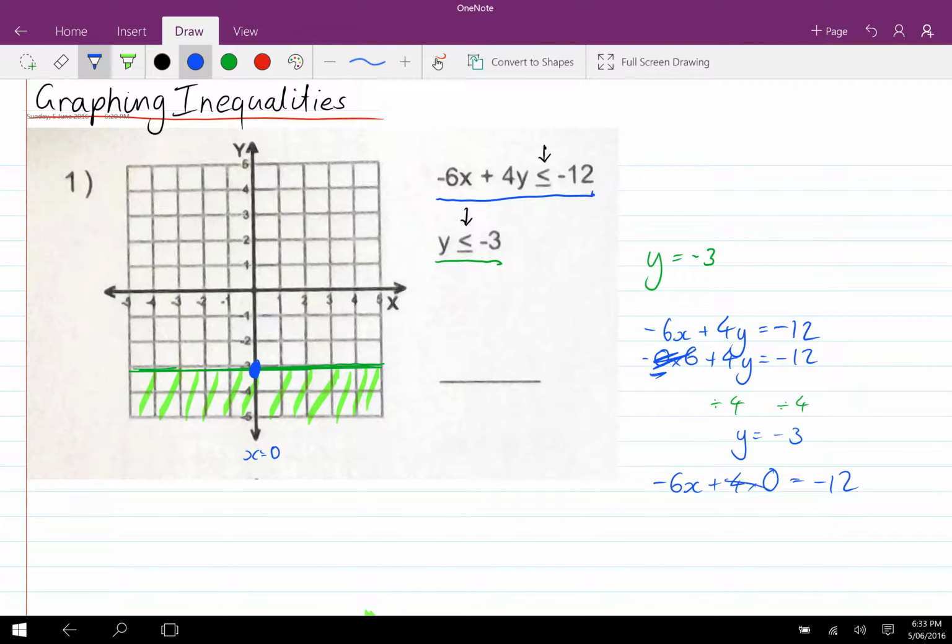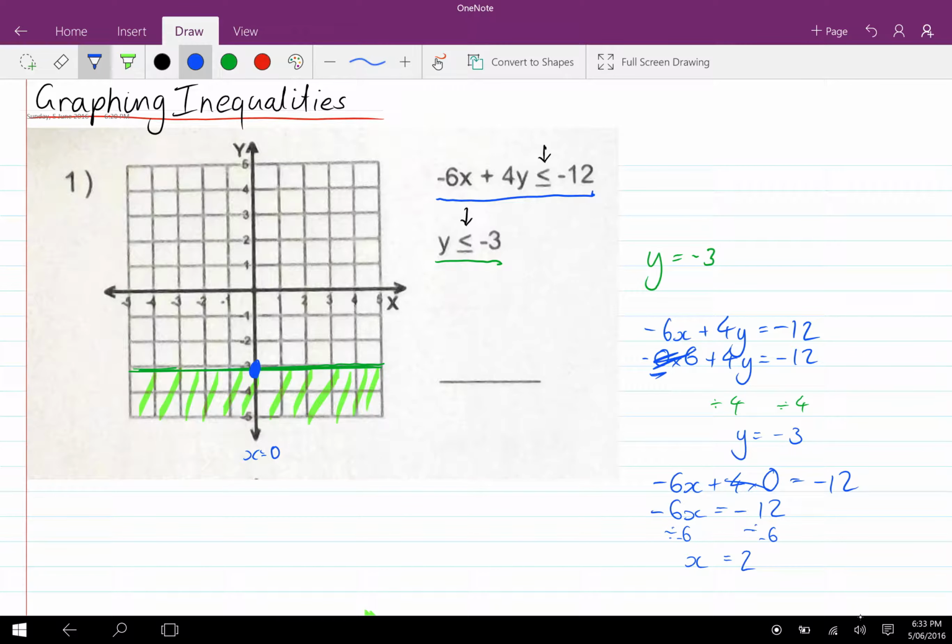He cancels just like before, and I'm left with minus 6x equals minus 12. So divide by 6. Divide by minus 6 to keep it fair. I end up with x equals minus 12 divided by minus 6 equals 2.